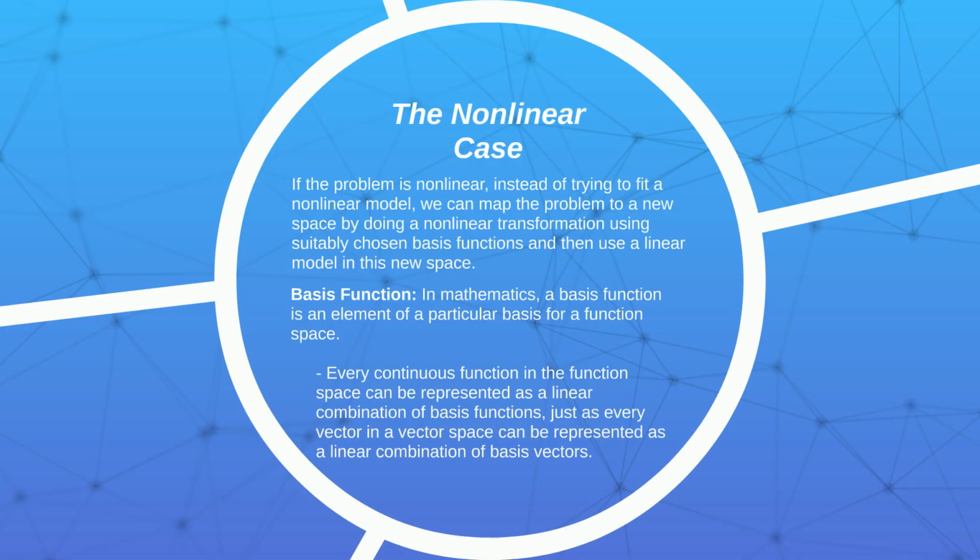Every continuous function in the function space can be represented as a linear combination of basis functions, just as every vector in vector space can be represented as a linear combination of basis vectors. So this is similar to a Taylor expansion, however, it's going to be a vector expansion or a linear combination of basis vectors.